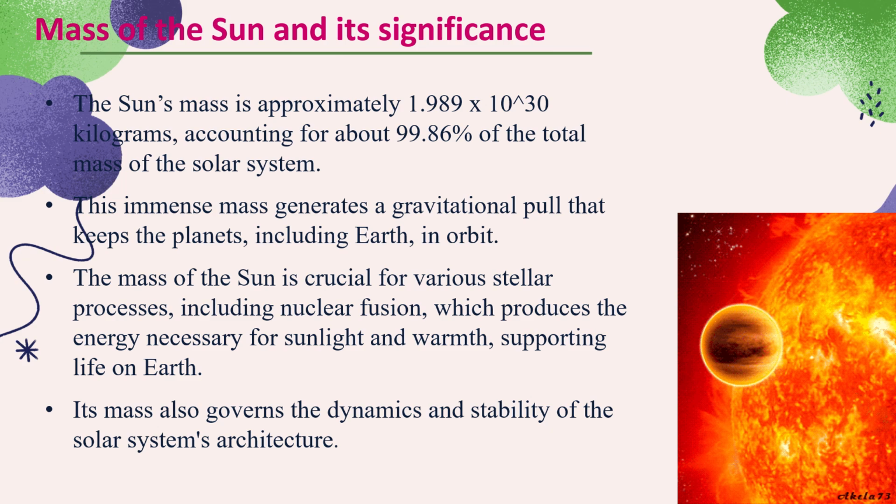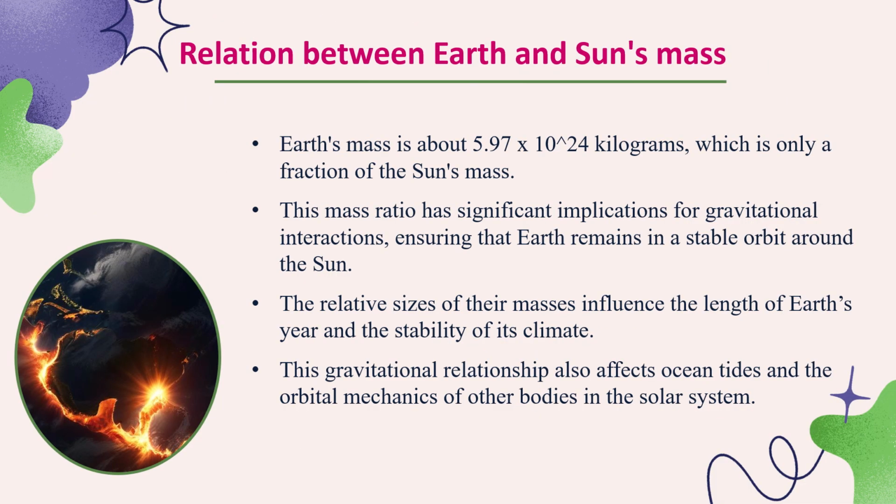It has a huge mass, which gives a strong gravitational pull that keeps all the planets in orbit, including our Earth. The Sun's mass also creates high pressure and temperature at its core, which allow nuclear fusion to happen. The fusion process produces energy and light, making the Sun the main source of heat and light.